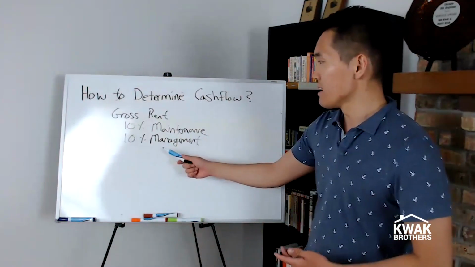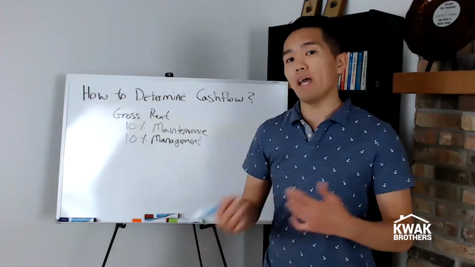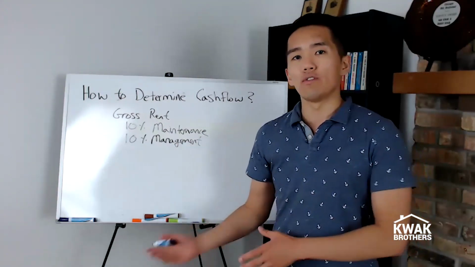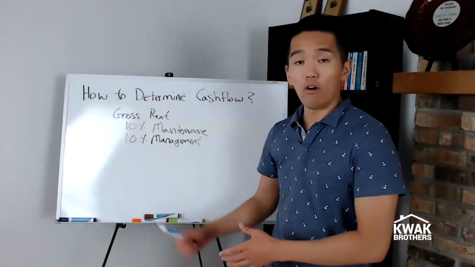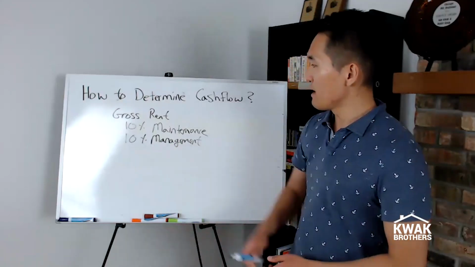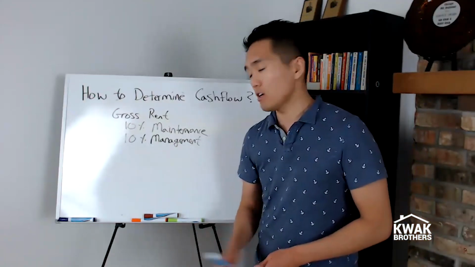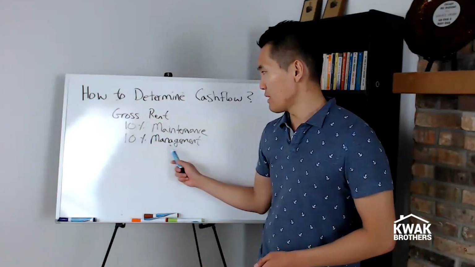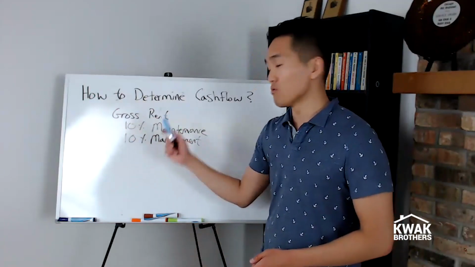So you want to factor that in because you're paying yourself to manage the property. Versus if you're hiring somebody to manage your property, then you may pay up to 10% in property management fee, and that fee is on the monthly gross rent.